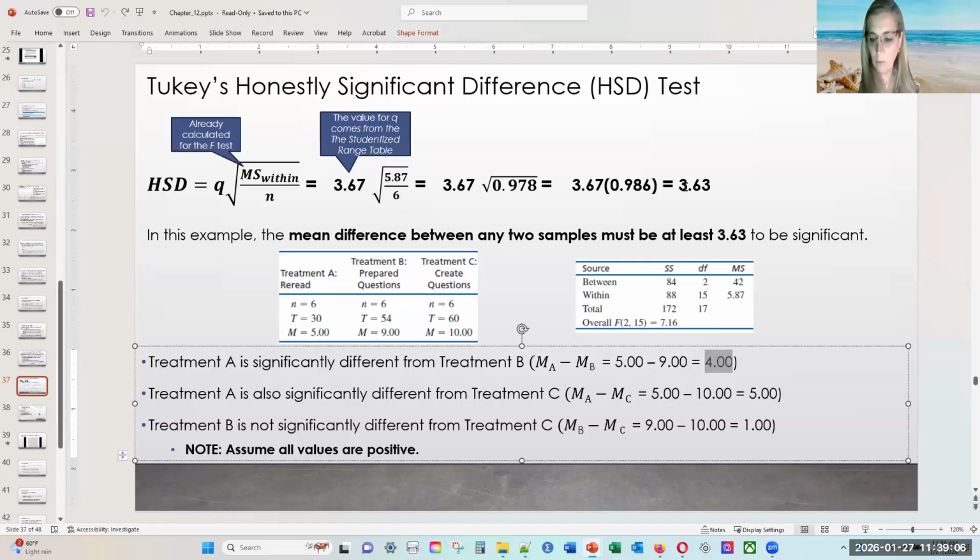That's higher than 3.63, so there is a significant difference. The comparison between group A minus group C ended up being 5, so those two were significantly different from each other. But the comparison between group B minus group C ended up only being 1. There was no significant difference between those two groups.